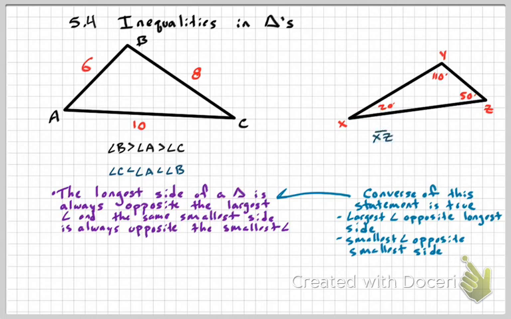The next largest angle is 50 degrees, which is opposite side XY. So our next longest side would be side XY. Followed up in the rear by our shortest side, which is opposite the 20 degree angle, which would be side YZ. So that would be listing them from largest to smallest. XZ is greater than XY, which is greater than YZ.